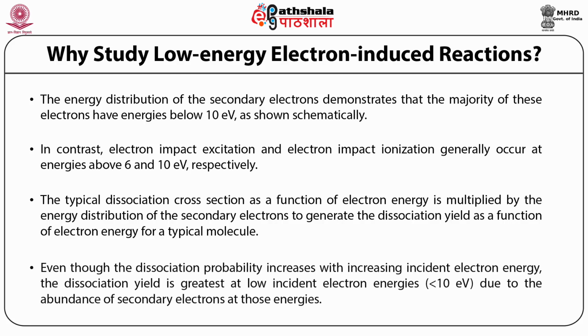Even though the dissociation probability increases with increasing incident electron energy, the dissociation yield is greatest at low incident electron energy, less than 10 electron volts, due to the abundance of secondary electrons. Those energies clearly demonstrate the importance of low energy secondary electrons in causing high energy radiation induced chemical damage.